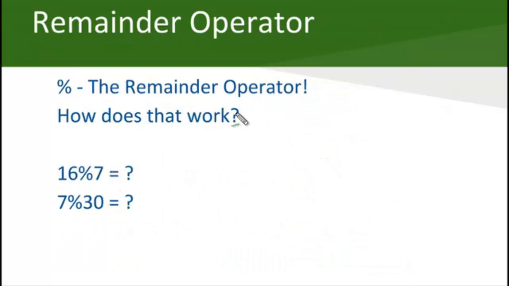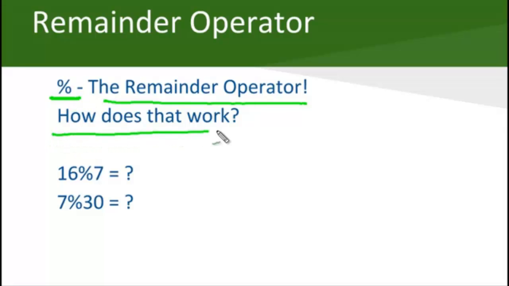Out of the 5 arithmetic operators we saw, the only new operator was the remainder operator, which has a percentage symbol. How does that work? We all performed division in junior school.